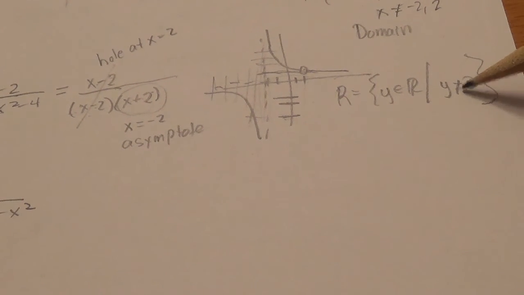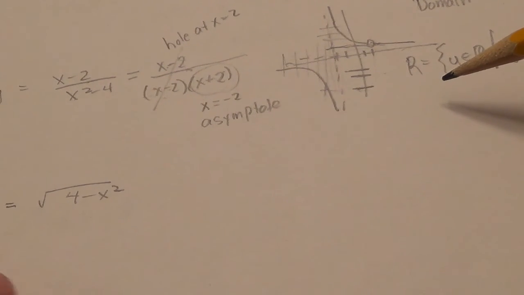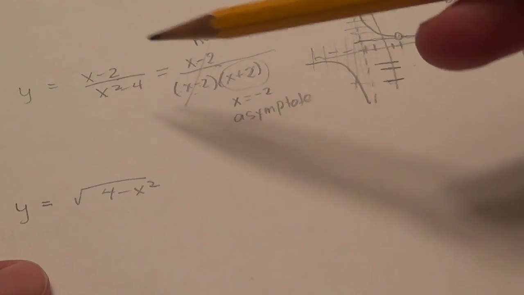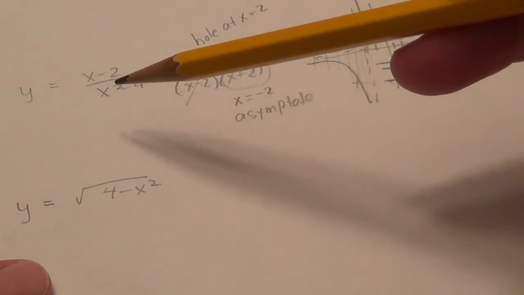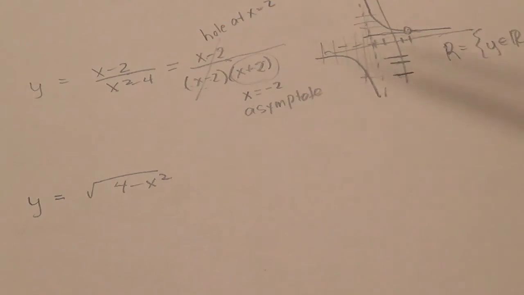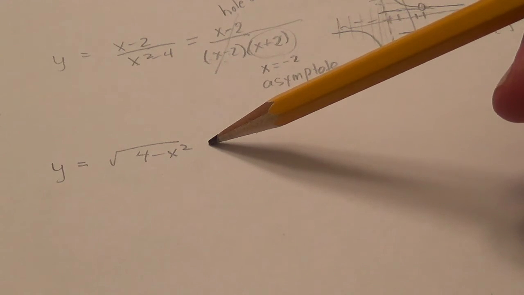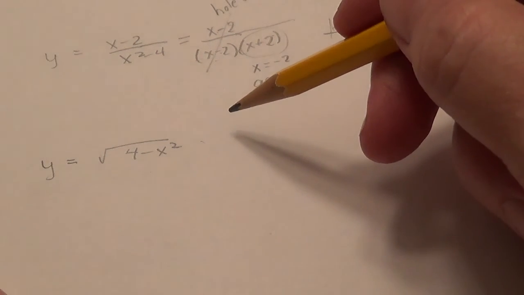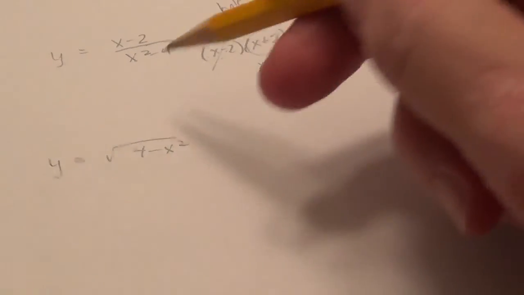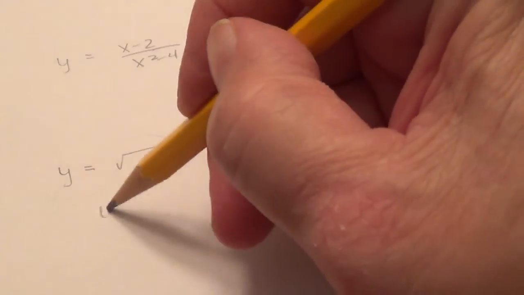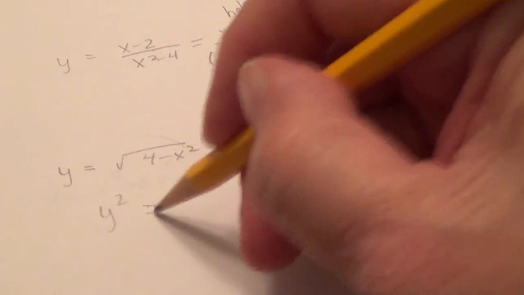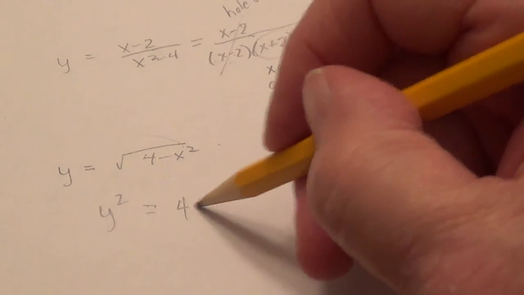All right. Let's go ahead then and look at this last one that I'm going to do for you. Hope this is helping. When I looked at the graphs for that, really that's a hidden circle. If you square both sides, you get y squared equals 4 minus x squared.